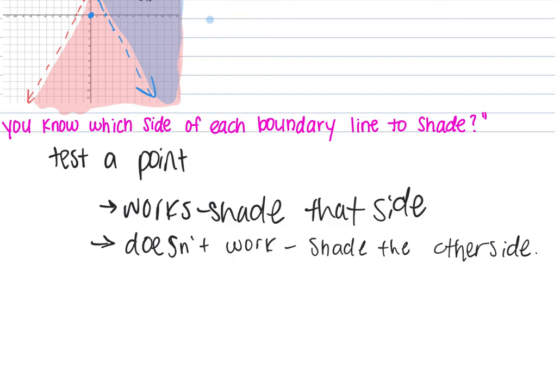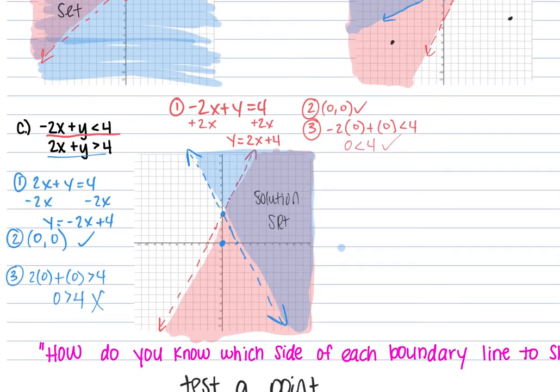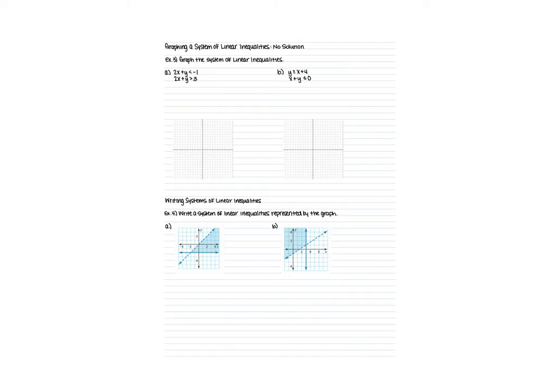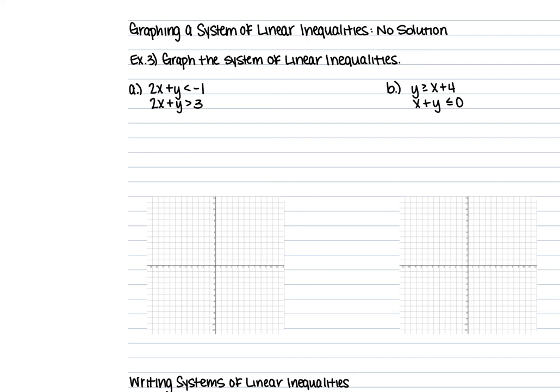Cool beans? Previous examples, okay? What was our solution? What do we call our solution set? Camilla? Very good. The part where both the shaded regions were together. Now, this next one is going to have no solution, okay? So I need you guys to pay close attention to what our graph looks like and why there is absolutely no solution, okay?